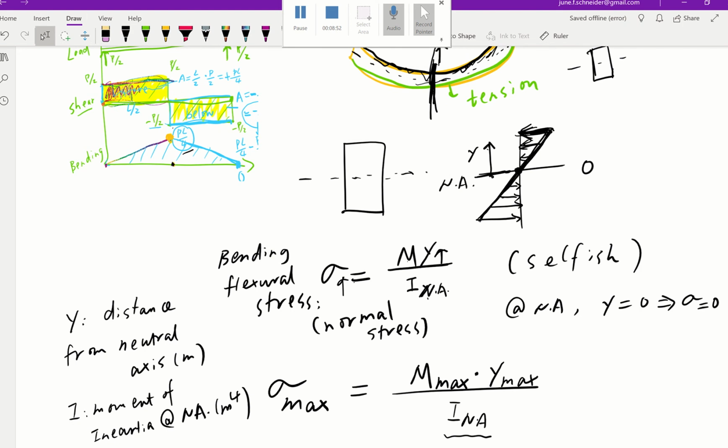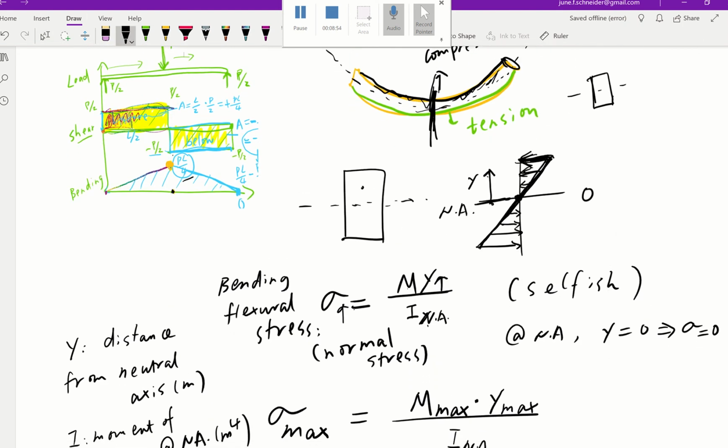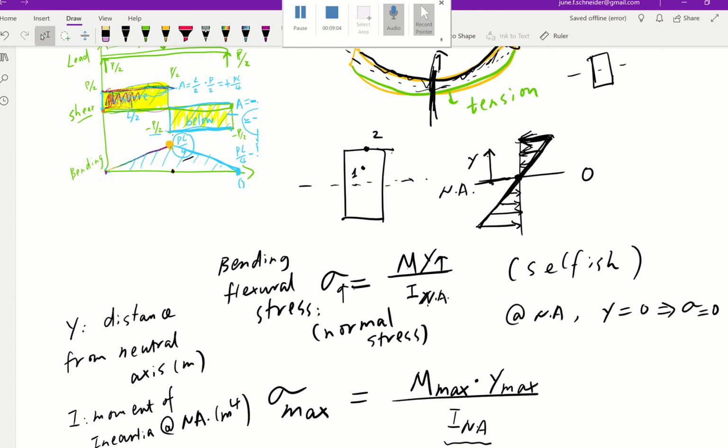If I compare the bending stress at point 1 with point 2, point 2 is going to have the highest flexural bending stress because y is at its maximum value. If this is b and this is h, our y value at point 2 is y equal to half h. That's how far above the neutral axis it is.